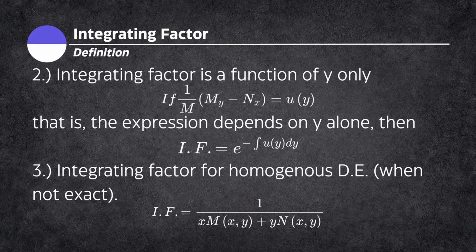Next, another integrating factor: the integrating factor as a function of y only. We have this condition: if 1 over M times the quantity partial derivative of M with respect to y minus the partial derivative of N with respect to x is equal to u of y, and that u of y is an expression that depends on y alone, meaning you can only see y variables.